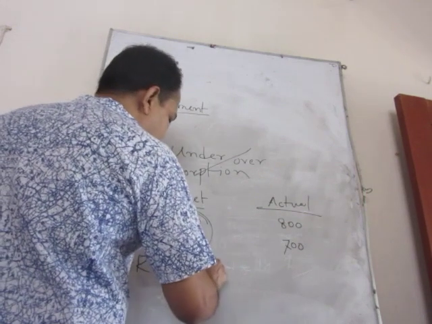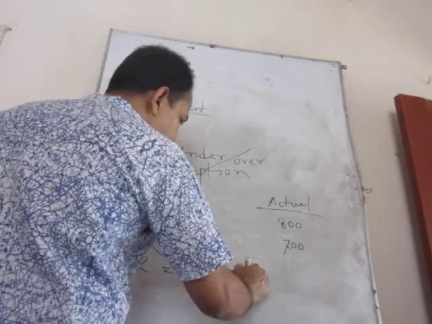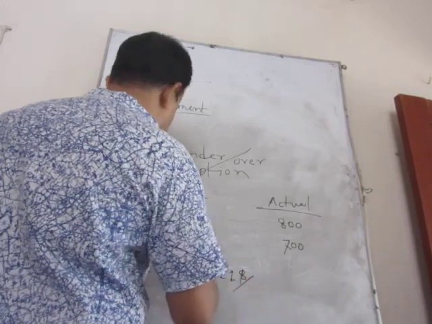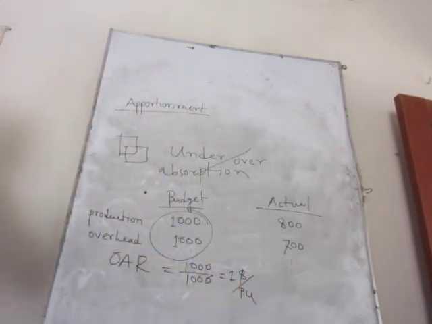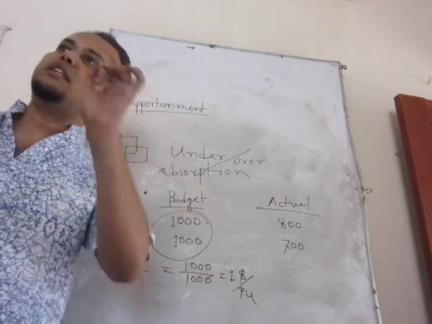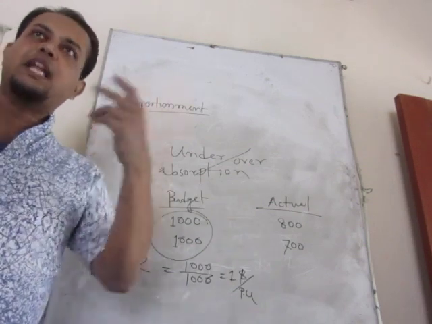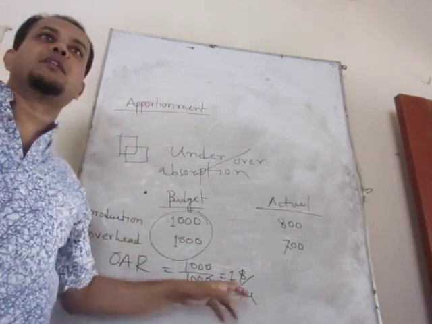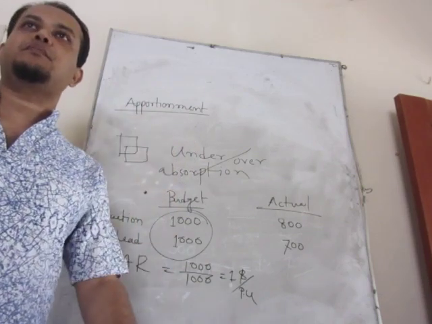So 1000 divided by 1000 is $1 per unit. That means you are expecting that in producing each individual unit, each unit will absorb $1. That is your expectation, your budget, your forecast.